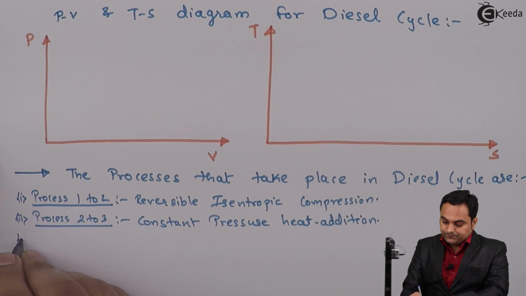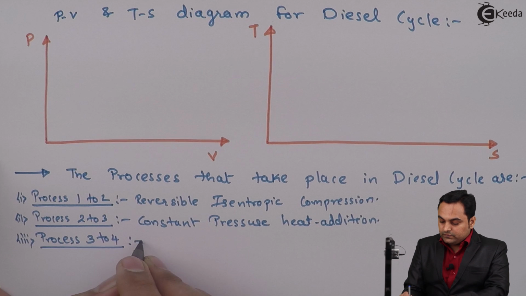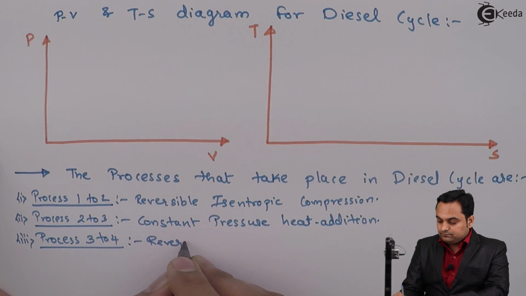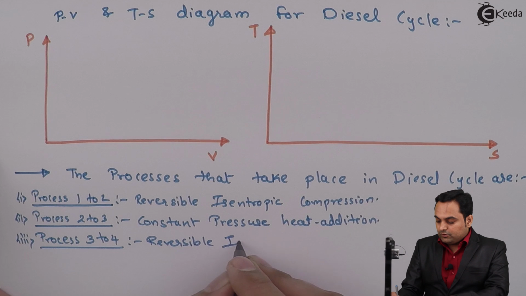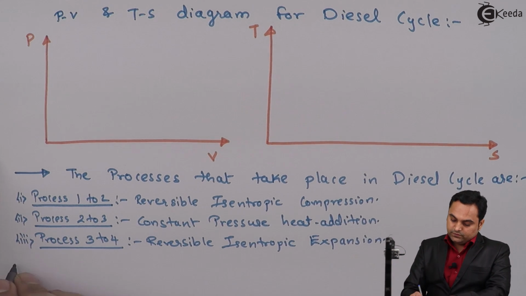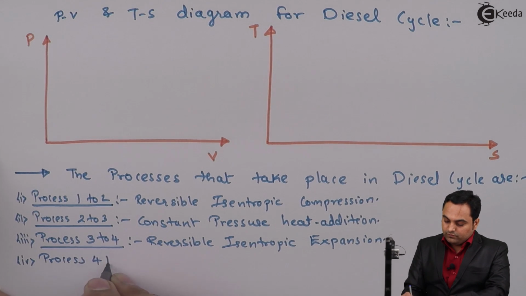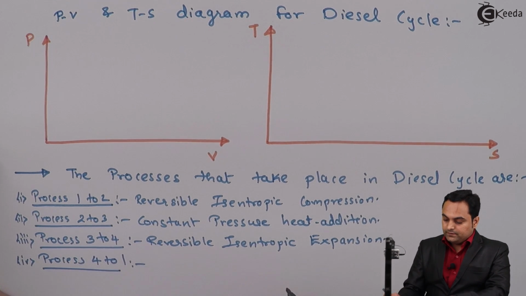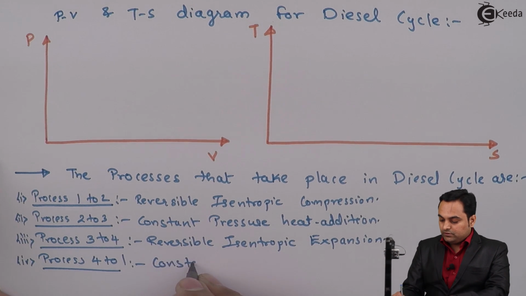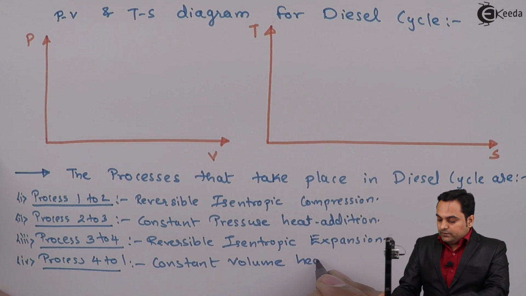Next, process 3 to 4 is reversible isentropic expansion, and then process 4 to 1, that is constant volume heat rejection.